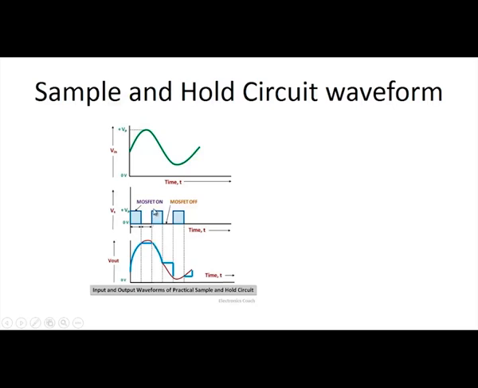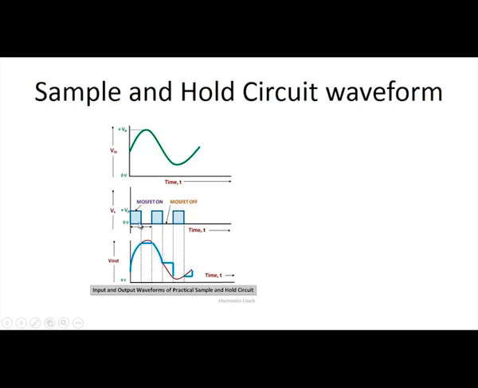When the control voltage is positive again, the capacitor charges instantaneously to the input signal amplitude, and if it is negative, it holds the maximum amplitude of the previously charged input signal. Similarly, it goes on, and so this circuit is called a sample and hold circuit.